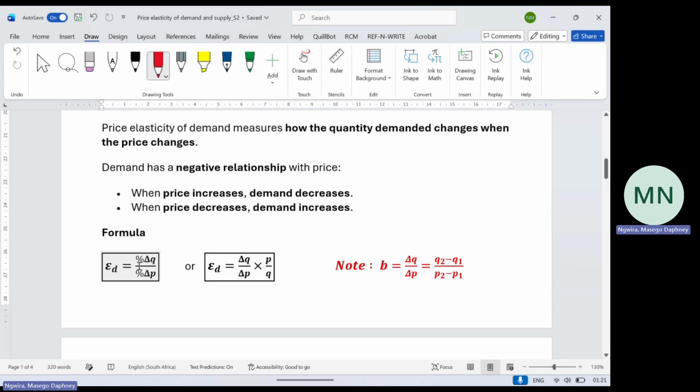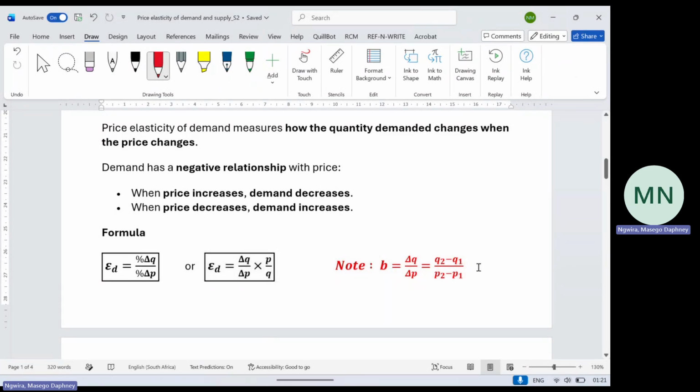All right. So we have the formula for price elasticity of demand. ED is equal to percentage change in Q over percentage change in P, or we can say the change in Q over the change in P. This triangle means change. Note that the change means Q2 minus Q1 over P2 minus P1.